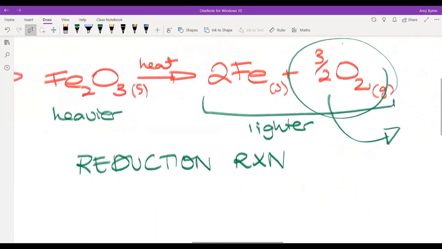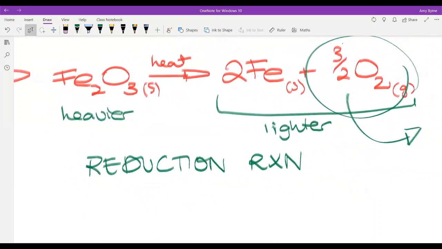A while after that, and I can't remember whether it was Lavoisier or Priestley, worked out that it was oxygen that was being produced. So a reduction reaction was earlier defined as a loss of oxygen. My iron oxide is losing oxygen to become iron, so it has been reduced.